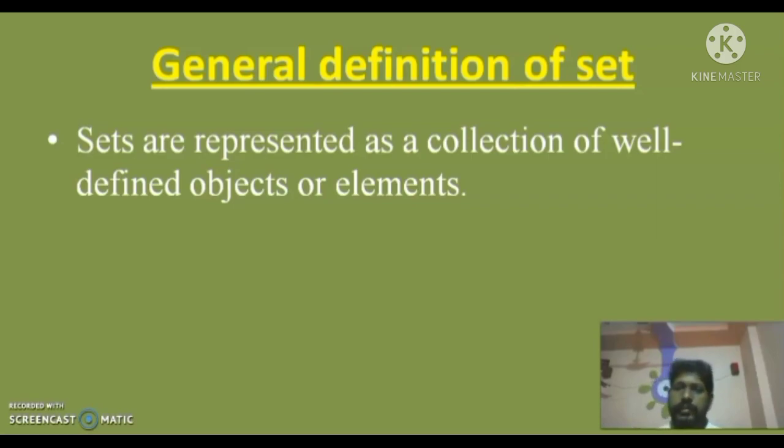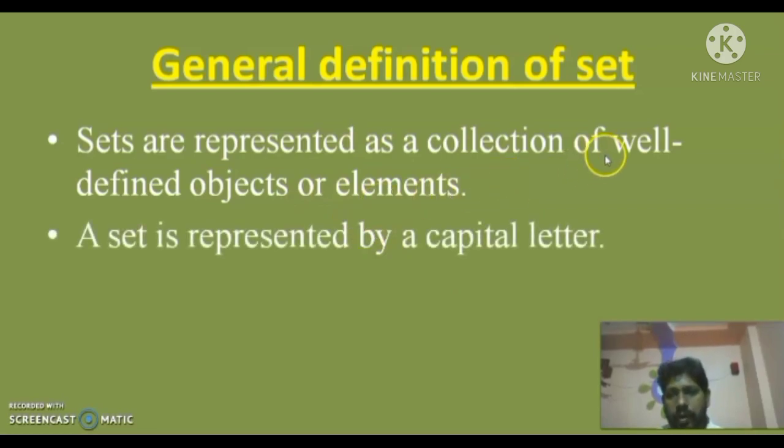It may be even numbers, odd numbers, prime, composite or squares. The sets are described with a particular condition, hence they are called well-defined objects. A set is always represented by capital letters like A, B, C, D and so on. Whatever the capital letter may be, you can use it to represent a set.